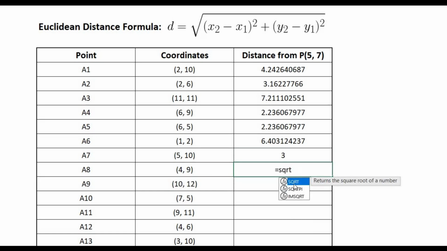Square root, 5 minus 4 whole square plus 7 minus 9 whole square, 2.23.